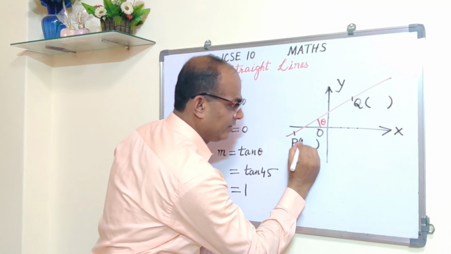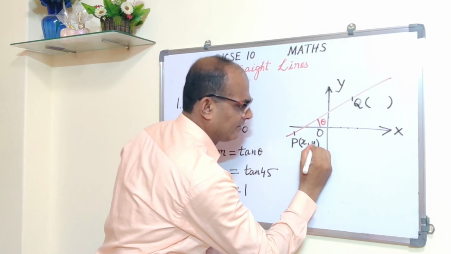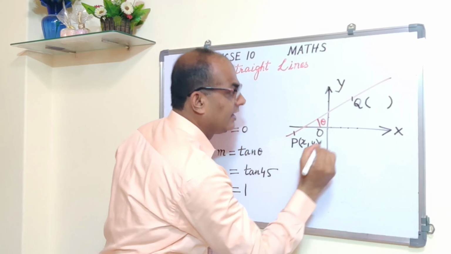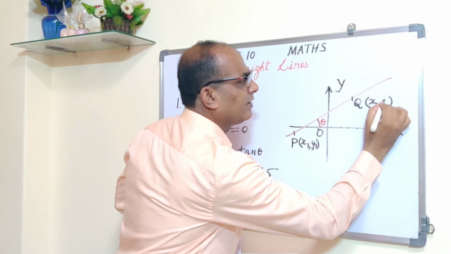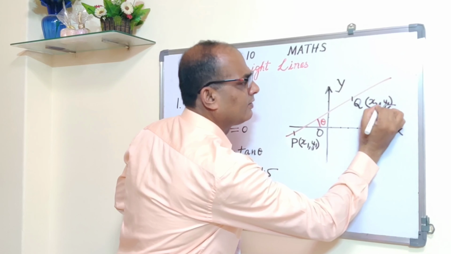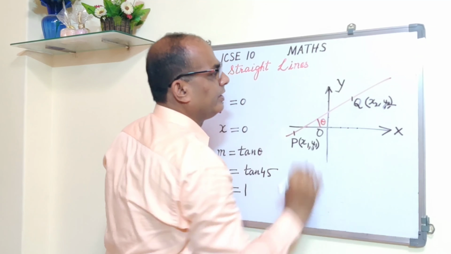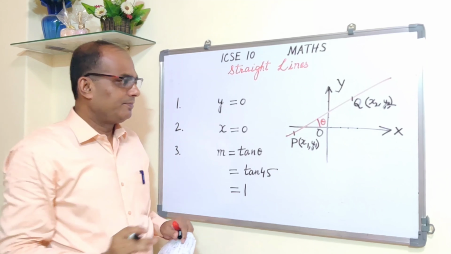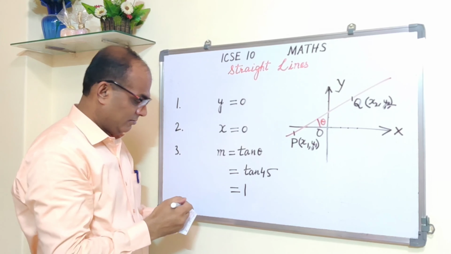Suppose this is x1, y1, and this is x2, y2. The coordinates are given.